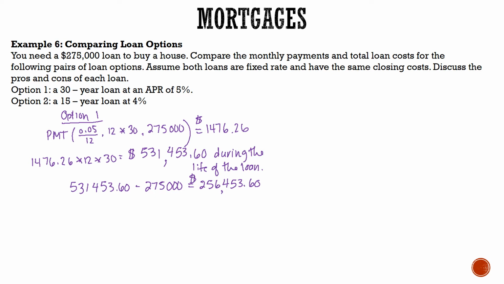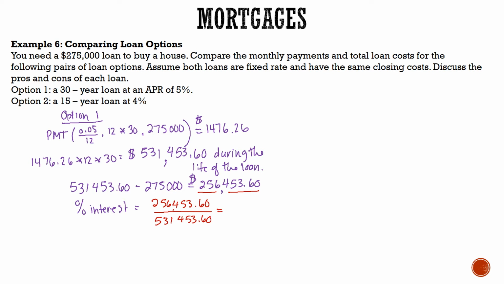So in terms of the percent of our total payment that we are putting towards interest, we can calculate that as well. We're going to take the amount of interest that we are paying, $256,453.60, and divide that by the total amount we're paying, $531,453.60.